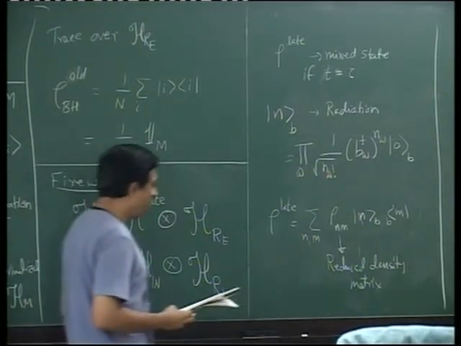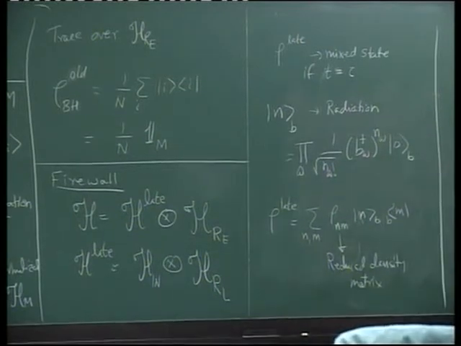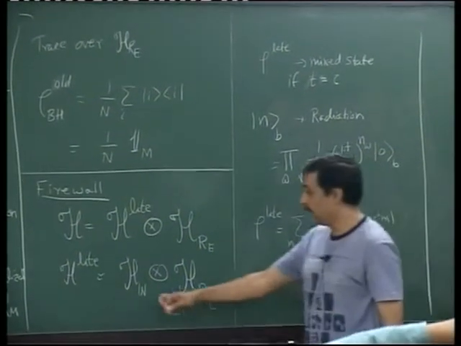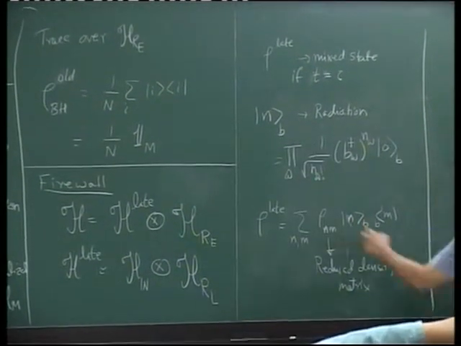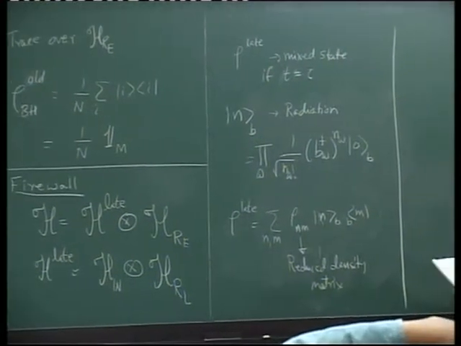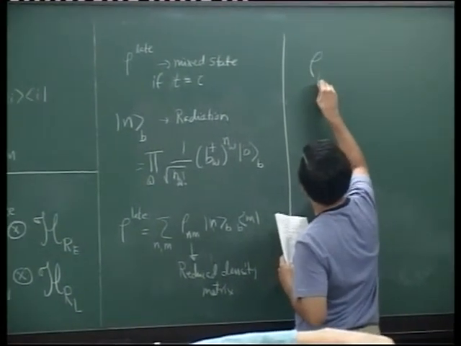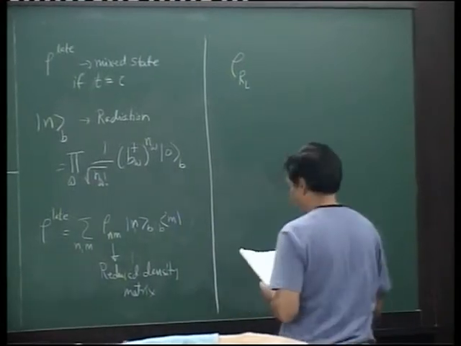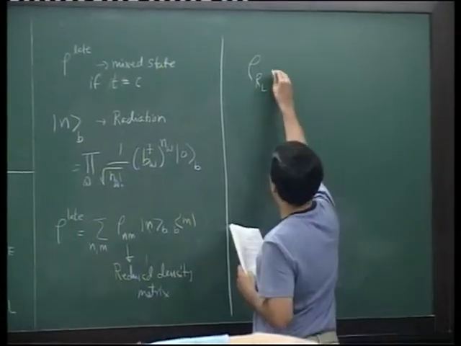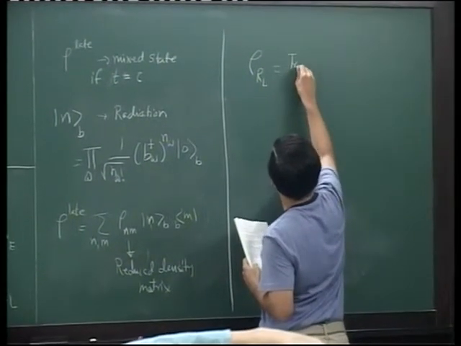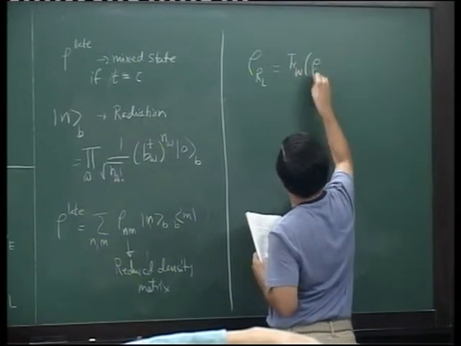Okay. So what if we trace over the internal degrees of freedom of the black hole when we are looking at rho late? Then you can write down rho late radiation, which is basically the trace over internal degrees of freedom of rho late.